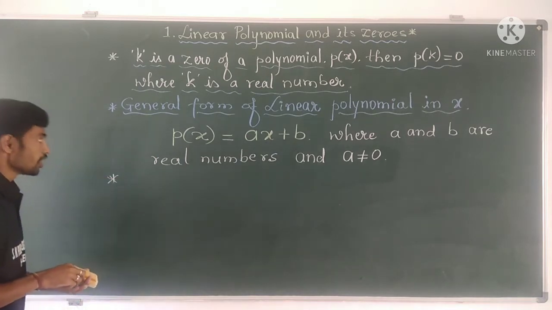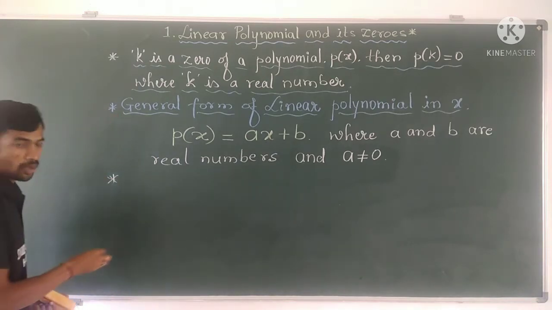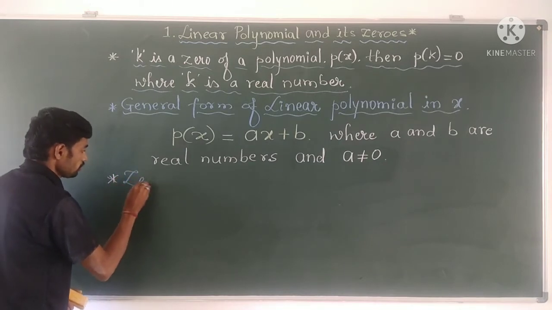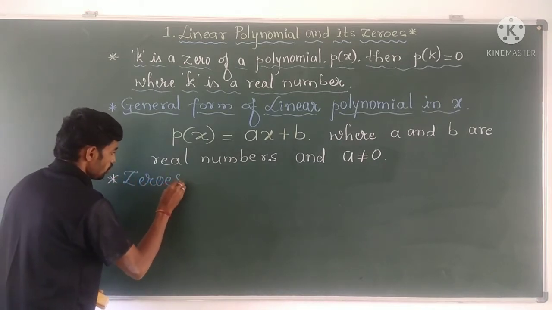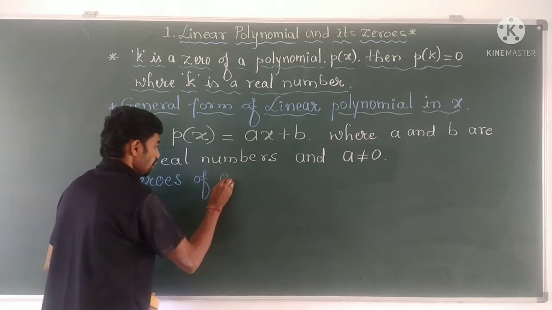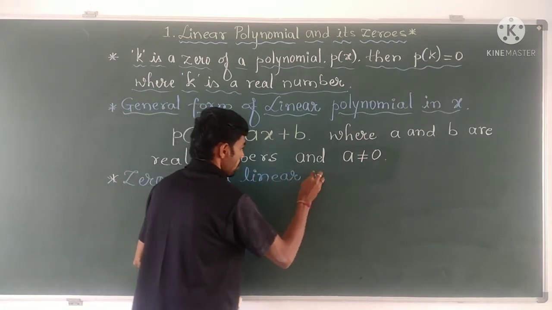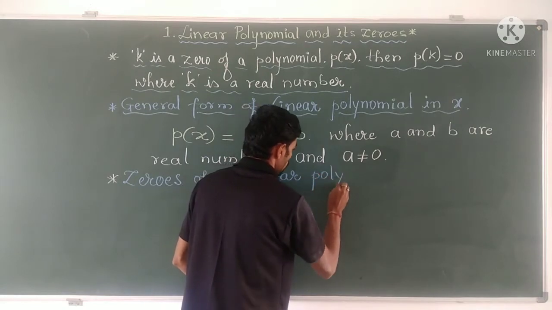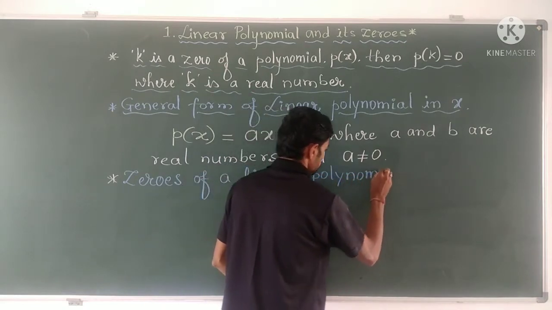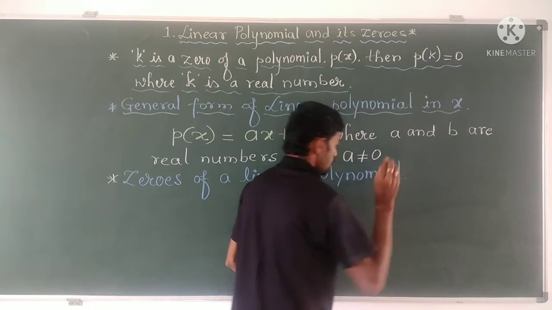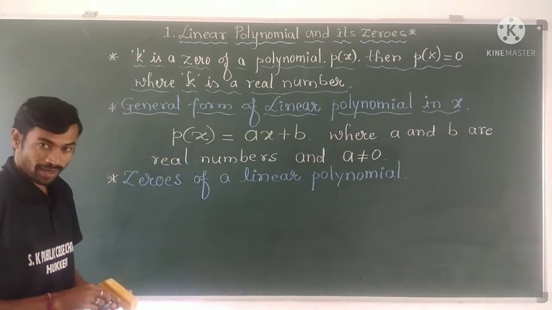Now, what is the zero of this polynomial? The next point is zeros of a linear polynomial.